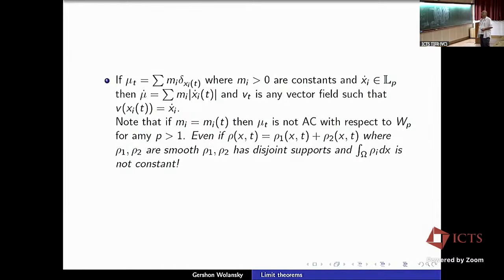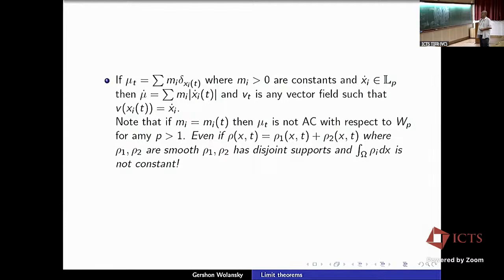This is an important thing to observe: if we assume m_i are not constant, but a function, maybe even a small function of time, then mu is not absolutely continuous.